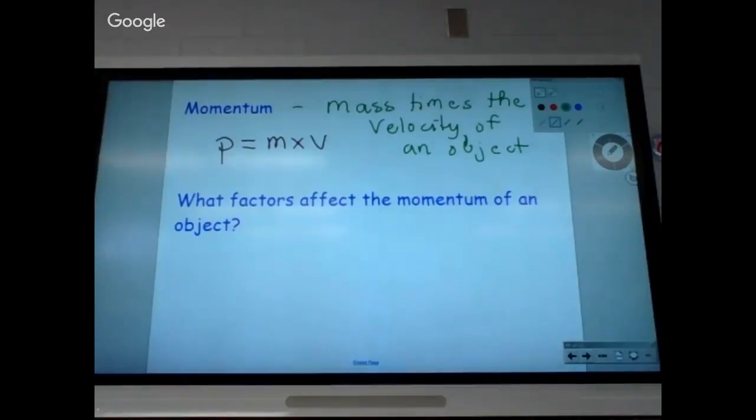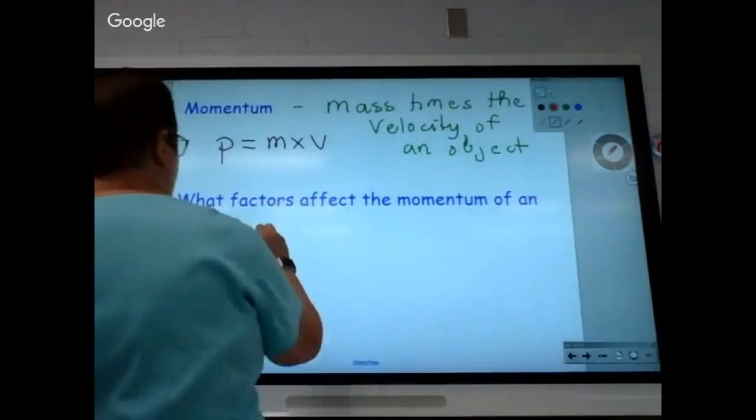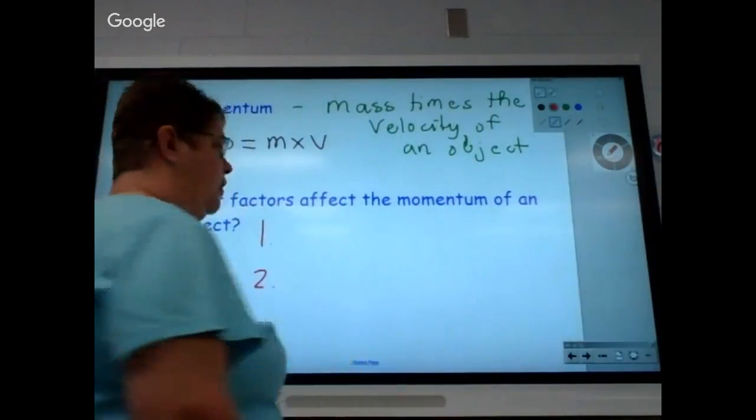All right, so when we think about our football team on Wednesday night, since they're trying to beat the Storm, a lot of times when you think about your defensive line or even your offensive line, do you want little people or big people on those lines? Big people. Why do you want big people on those lines? Because they can block. Okay? You want to be able to stop other people. So, what things affect the momentum of those people?